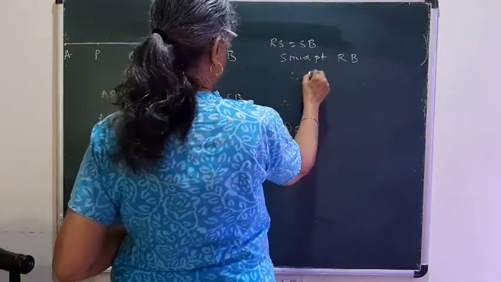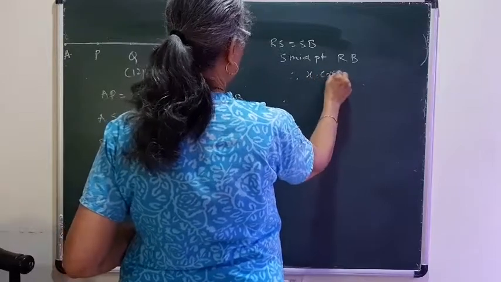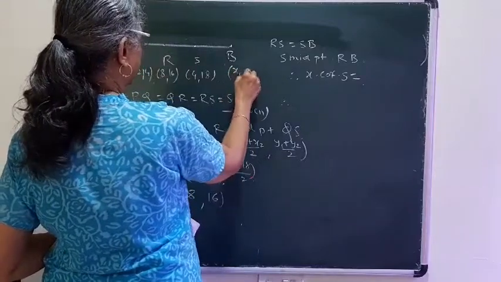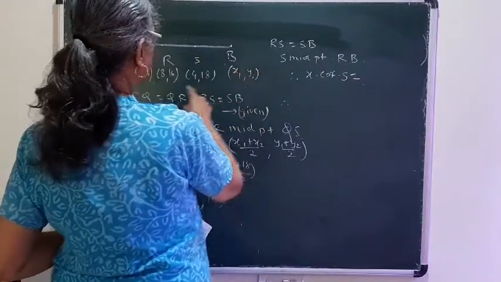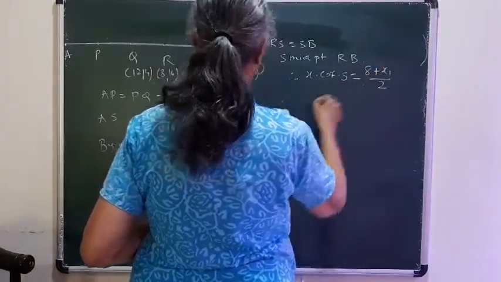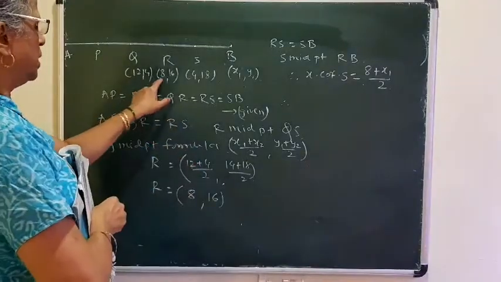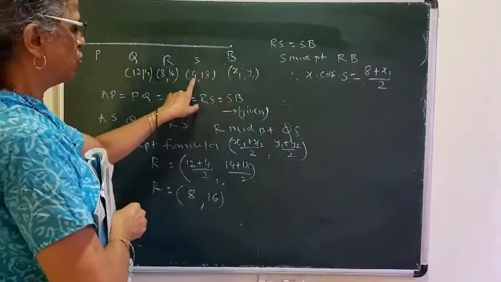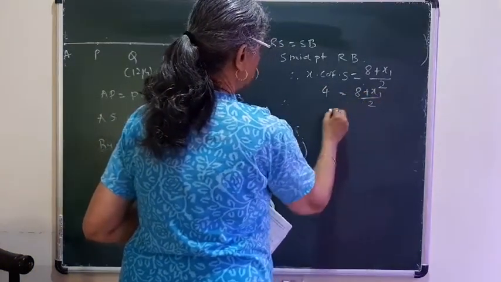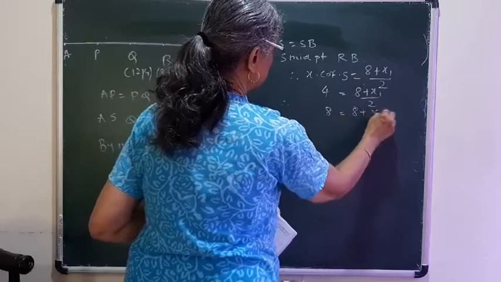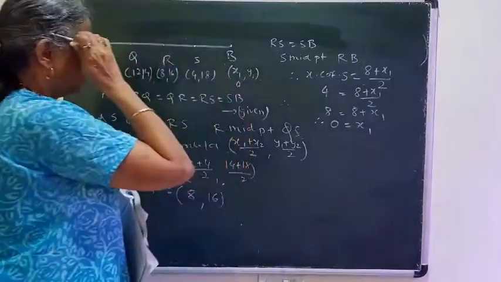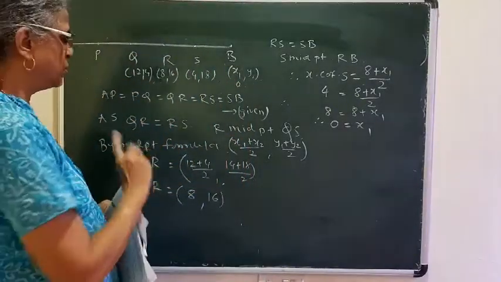Therefore, x coordinate of S is equal to, suppose these are x1 y1, 8 plus x1 upon 2. See here, 8 plus x1 upon 2 is equal to 4. Followed? So 4 is equal to 8 plus x1 by 2. 8 is equal to 8 plus x1. Therefore 0 is equal to x1. So you have x coordinate of B as 0.